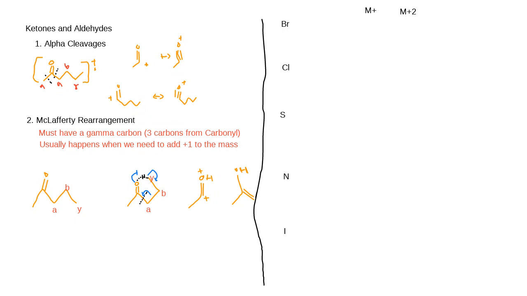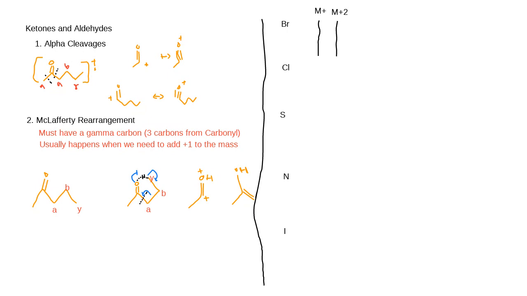So for bromine, if the M plus value looks like that, and let me actually put it much closer, and maybe zoom in. So M plus and M+2. If your M plus looks like that, your M+2 should be roughly the same.